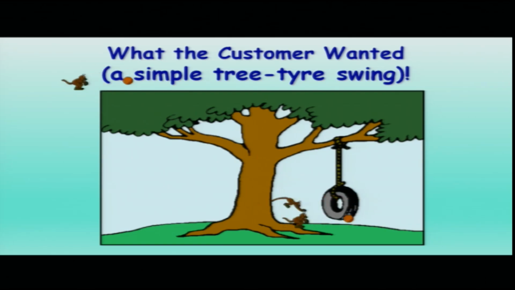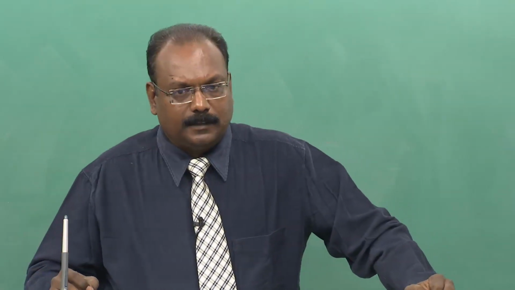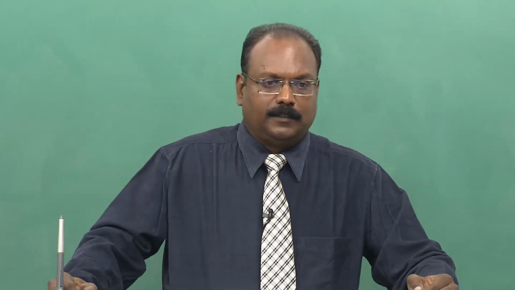Now, what they wanted was a very simple tree tire swing. You can understand how communication can completely go wrong, and how people can totally misinterpret and end in this kind of miscommunication. How can we surmount this kind of barriers in organizations?